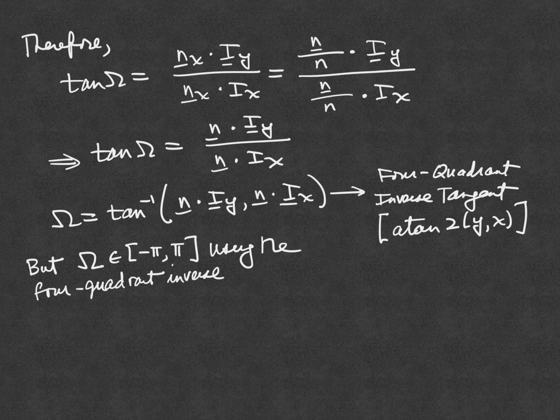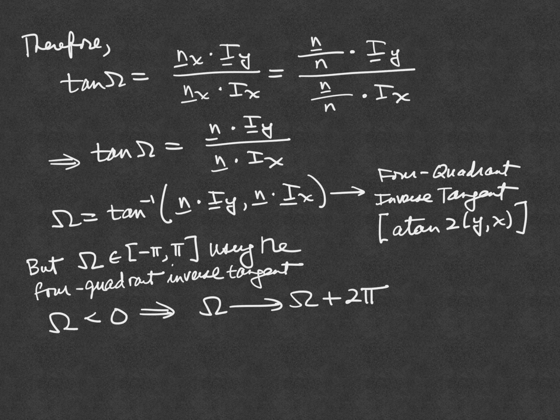So there's a simple fix for this: if omega is less than 0, that means we're going to get a negative angle. What we do is update omega and add 2 pi to it, only in that case. So if omega is less than 0, we take the value of omega and add 2 pi to it, and that becomes our longitude of the ascending node.